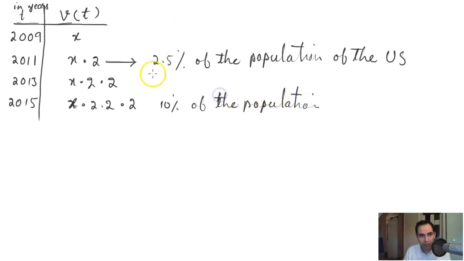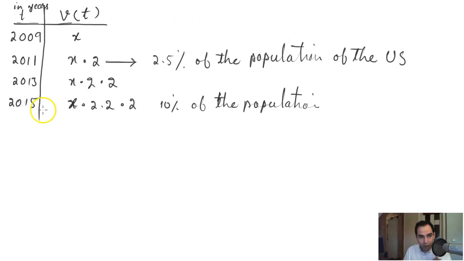That is basically because here you can see that the population was X times 2, and here was X times 2 times 2 times 2, so times 4 basically. So here I had 2.5%, 2.5 times 4 is equal to 10%, and so on and so forth. So you can extrapolate this table to go on to 2019, 2050, and so on and so forth.